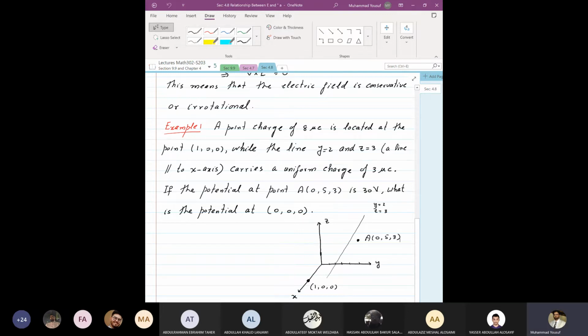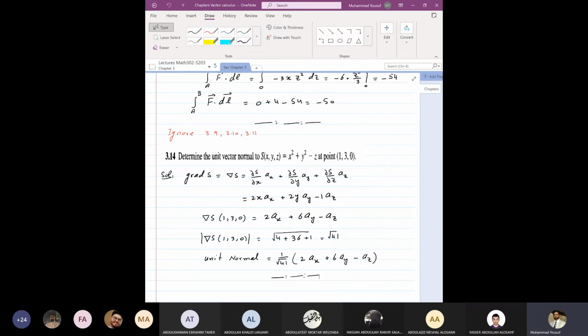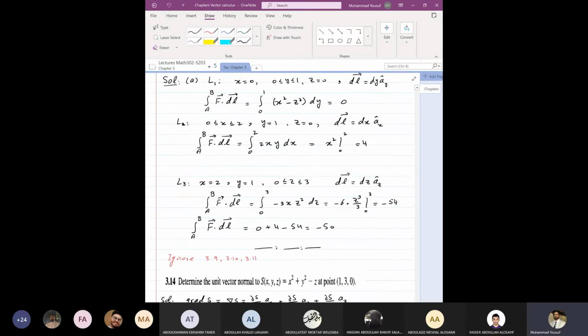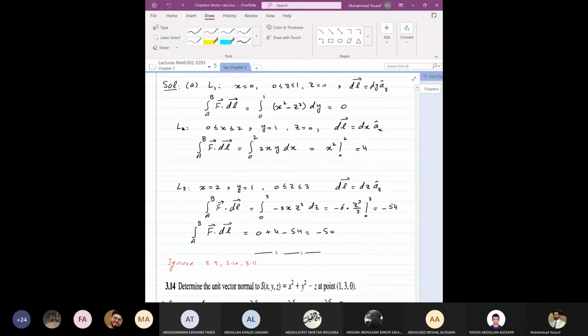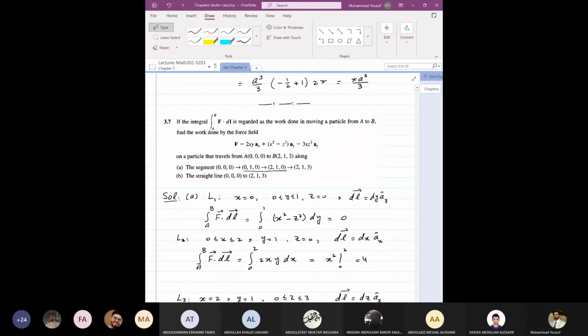Then someone asked a question, F dot dl. This is from chapter 3, not from this chapter. From chapter 3, 3.7. Okay, let me go. Someone asked me this question. Question 3.7.